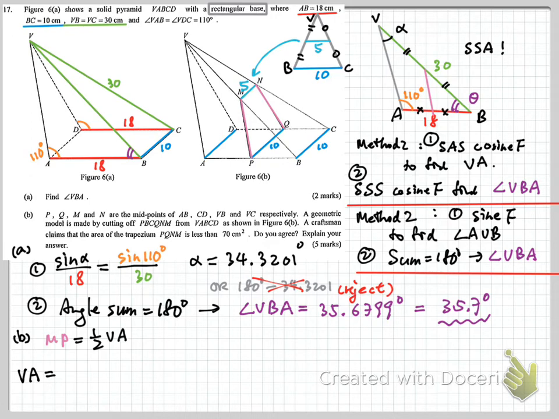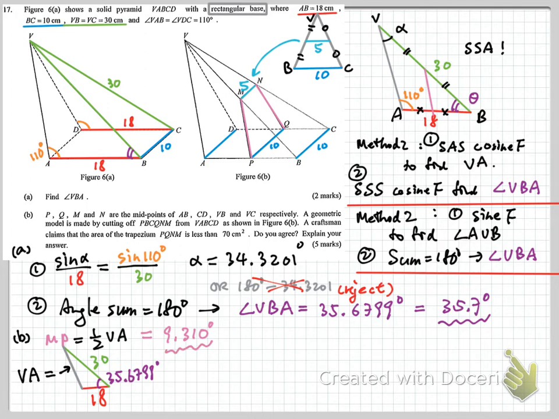This red line is 18, the green line is 30, and the purple angle, we know its size, is 55.6799 degrees. With this information, you can find VA using the SAS cosine formula, and divide by 2, we have the length of MP, and that is 9.310.